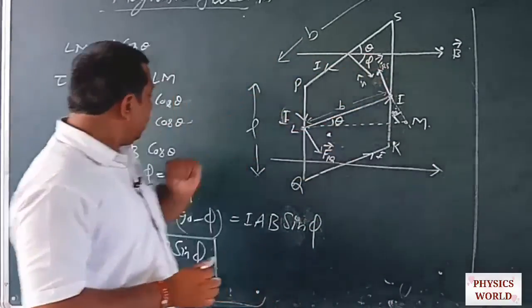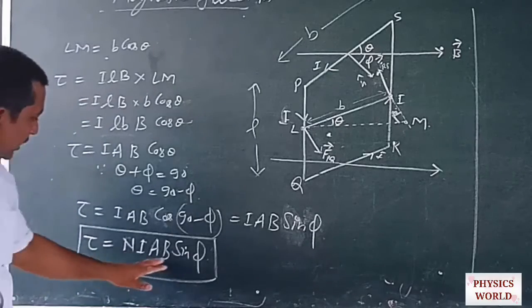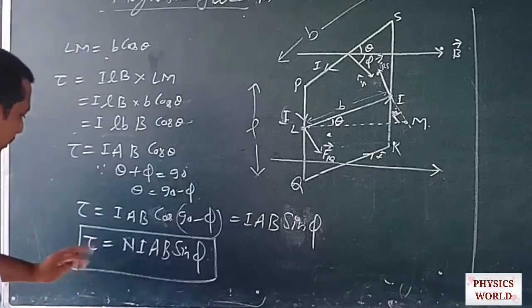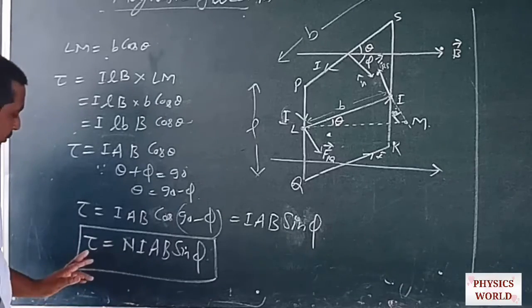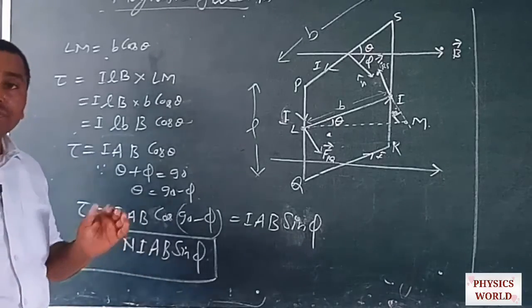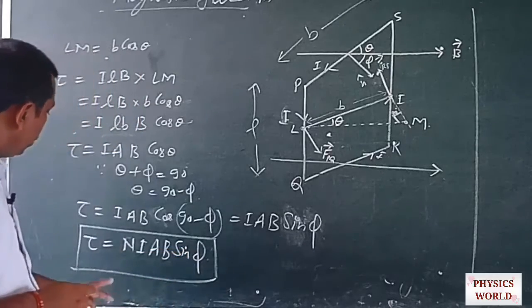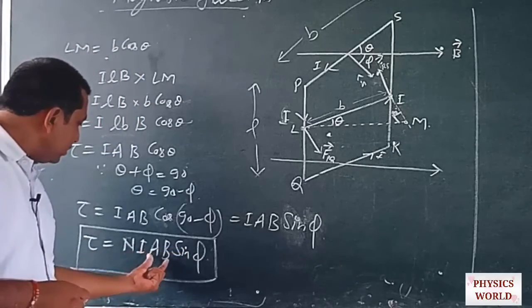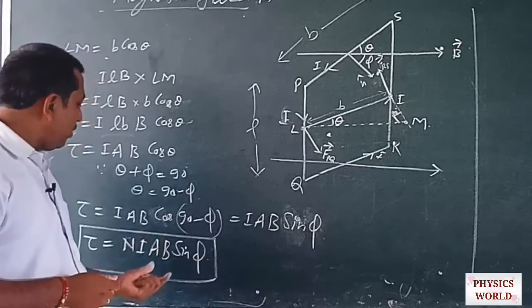Because tau is a vector quantity, it can be expressed as the vector product of two different physical quantities, so we have to write the cross product.